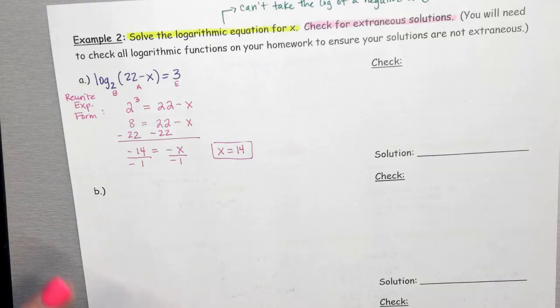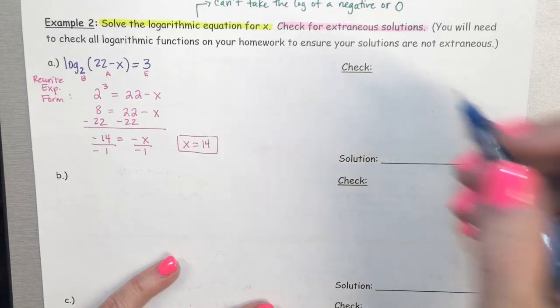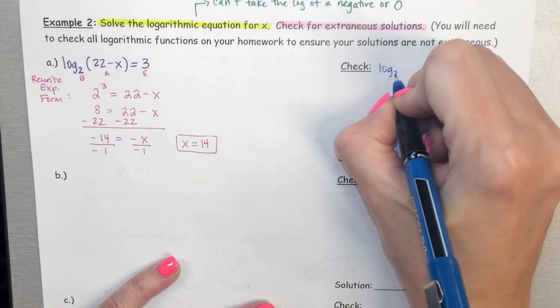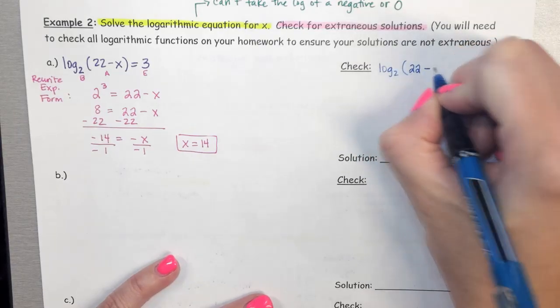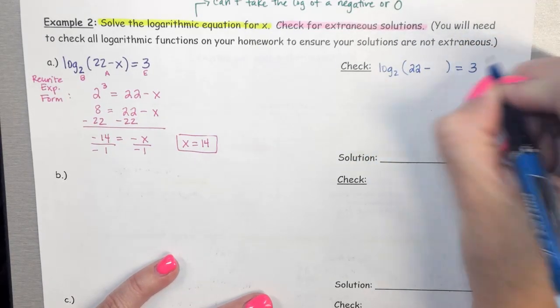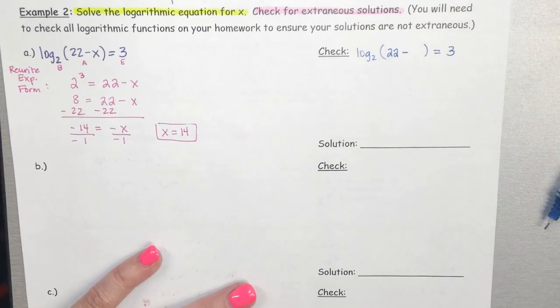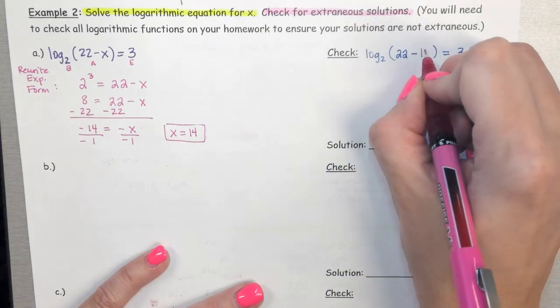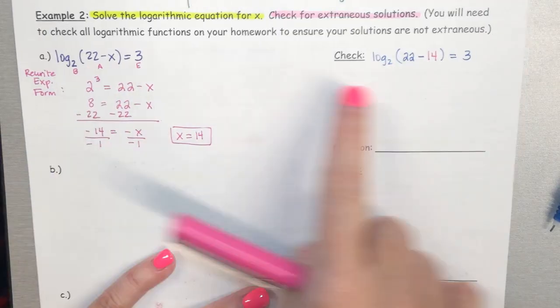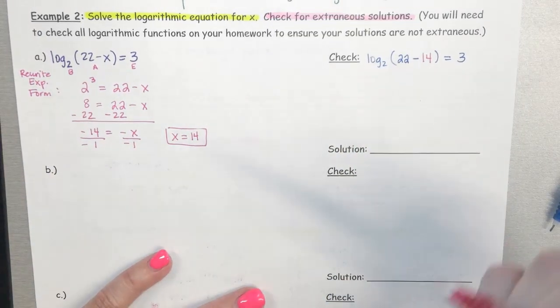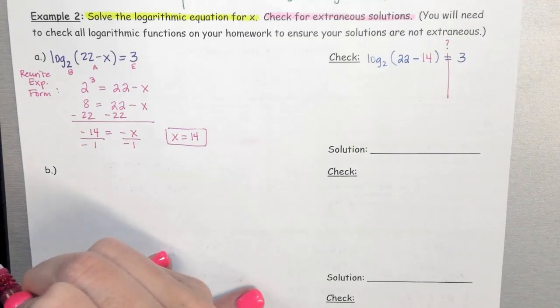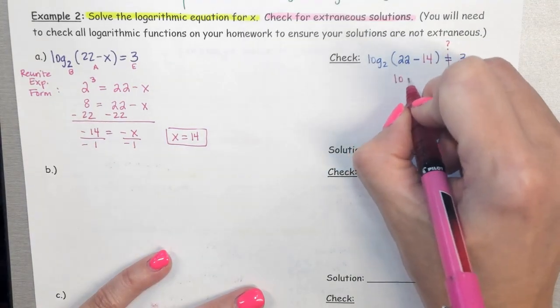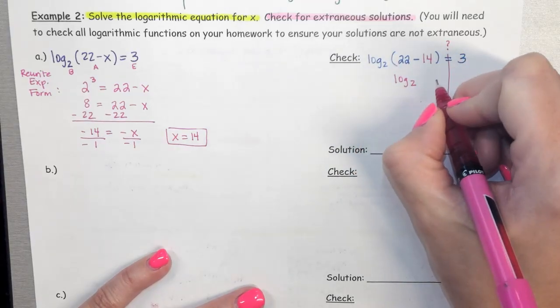When you are checking, on your next assessment, you'll have the checks. What you need to show is what you're plugging in. All of our first steps should be the same. So if I got 14, my very first step looks exactly like my original equation. And then from here, remember, we don't know if they're equal when we're checking, so we can't use exponential forms.